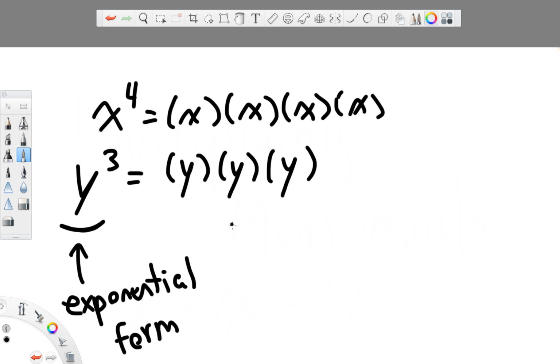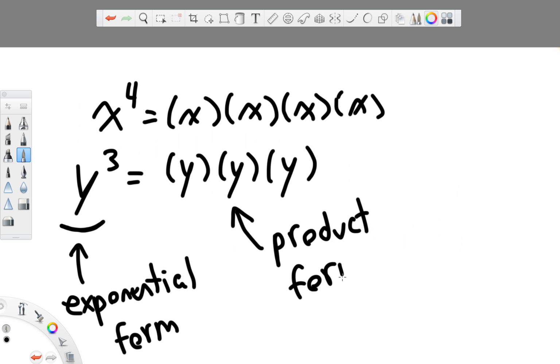When they're multiplied out and expanded, like y times y times y, or x times x times x times x, we call that product form. We call it that because we are taking the exponent and representing it in the form of the product of the variables multiplied by one another.